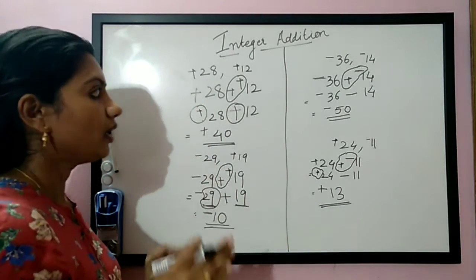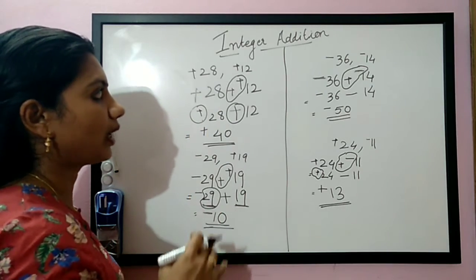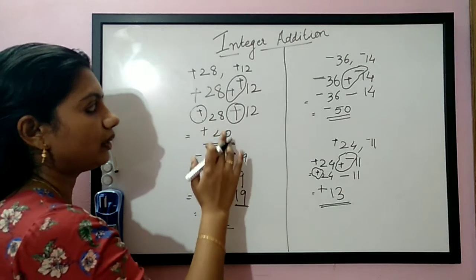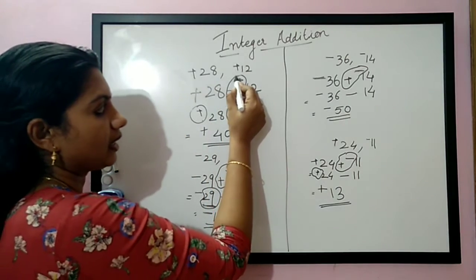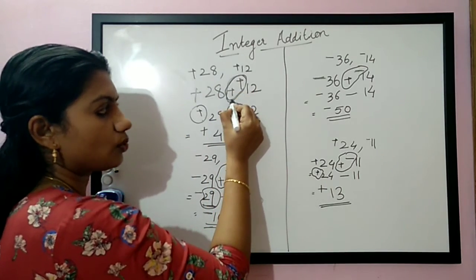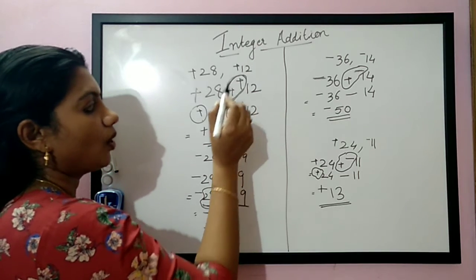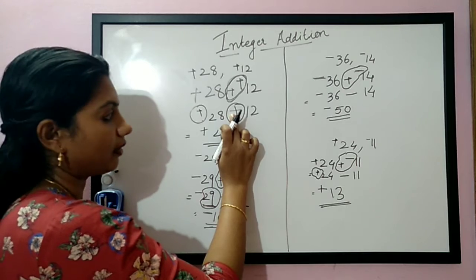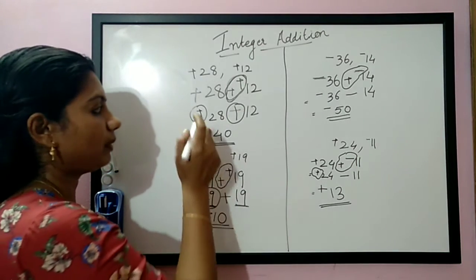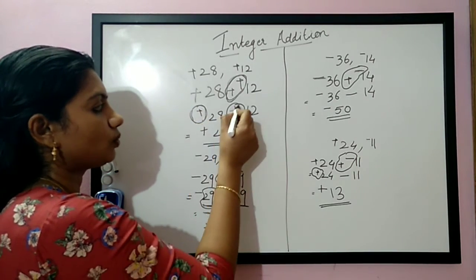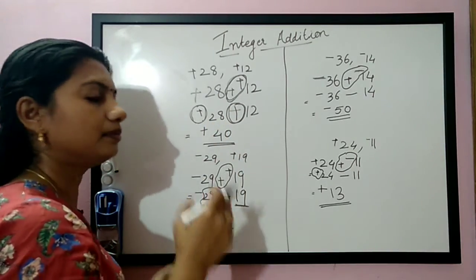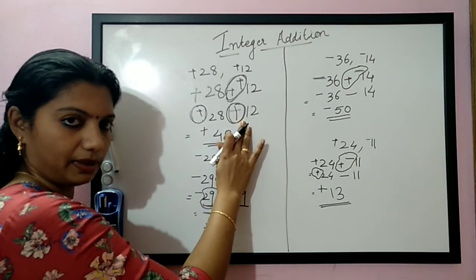So the main intention of this: when we look at the addition of integers, you have to think about the symbols coming over here. These two symbols you have to consider. Once you identify these two symbols, when they are the same, add and put the same symbol.